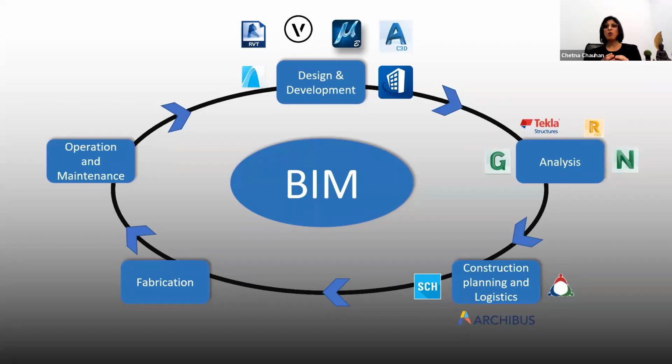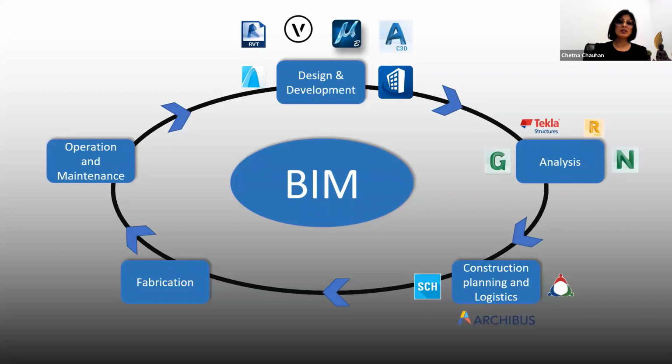These are the ones where, if people are doing project management right now, they would know how Gantt charts are made, or how construction planning is done in these softwares. And it comes from the information that was in the 3D model, the model that we created at the design stage, and the model that was analyzed at the analysis stage.